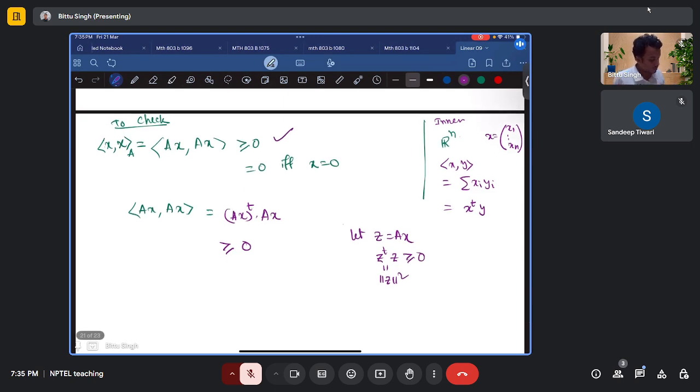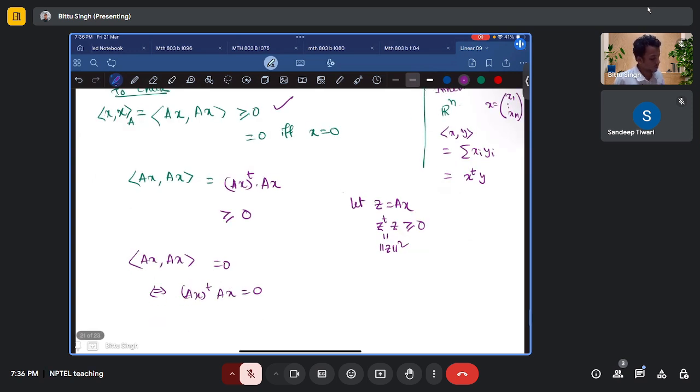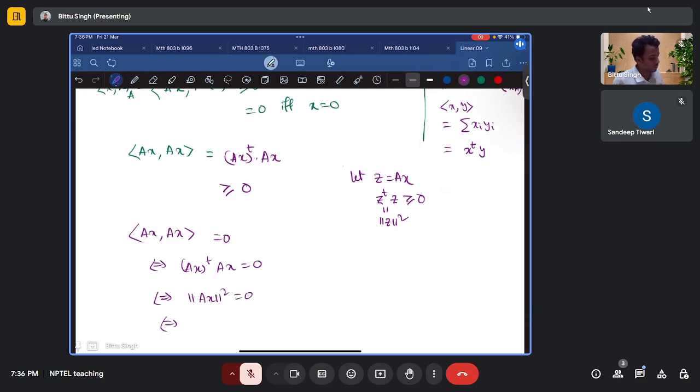Now we need to see the second property. Ax comma Ax is 0 if and only if x transpose times Ax equals 0. But this is the same as if and only if the norm of x squared is 0, which is if and only if x equals 0, right?